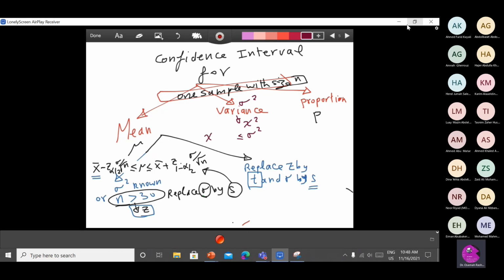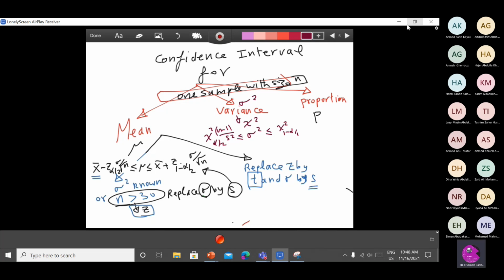The left chi-square alpha over 2, and n minus 1 over s squared. And on the other side, you have chi-square 1 minus alpha over 2.